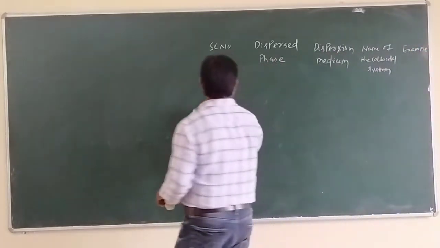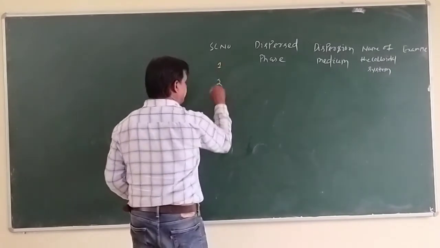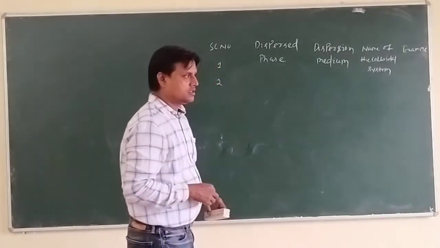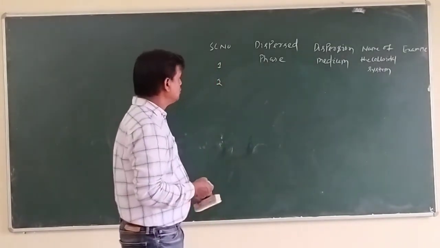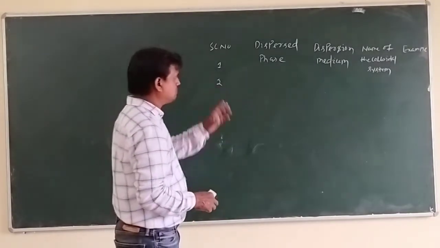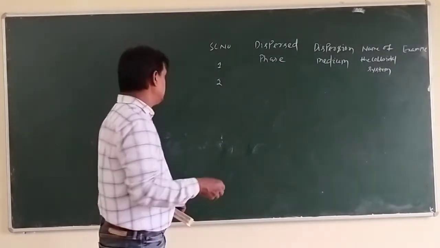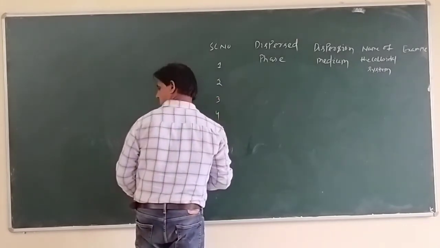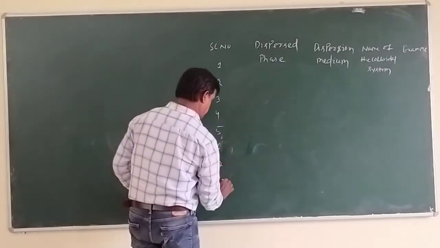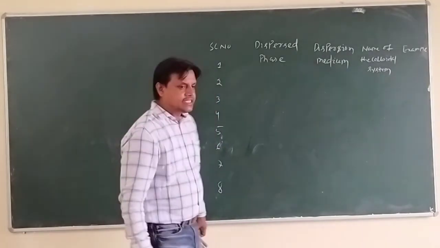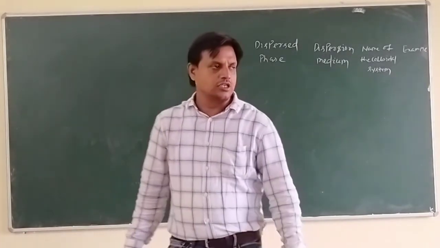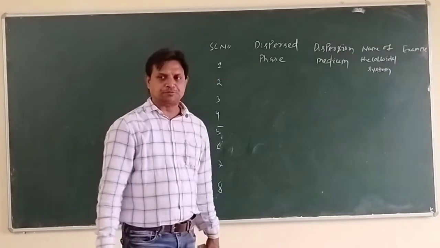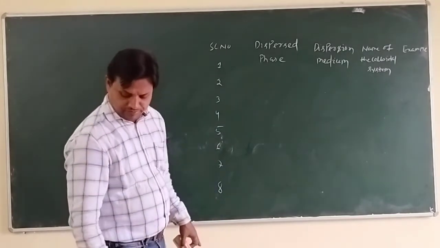So serial number 1. There are 8 types of colloidal solution on the basis of dispersed phase and dispersion medium.